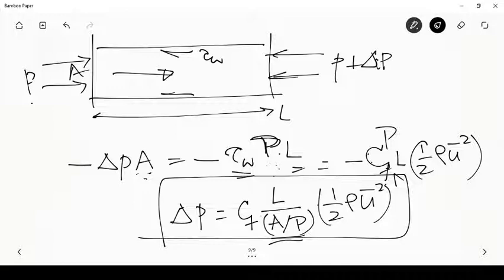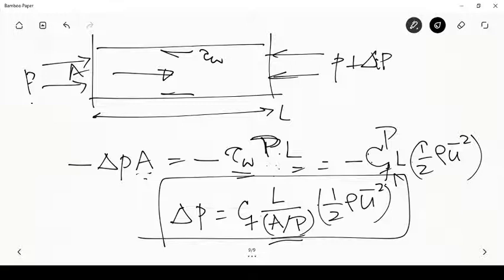So you will get this expression as the expression for pressure drop. This delta P is usually negative, so the pressure drop, which is the amount of decrease in pressure, will be given by this quantity.